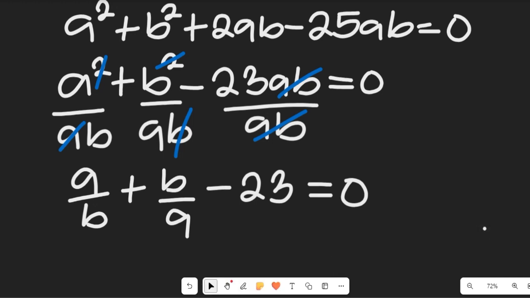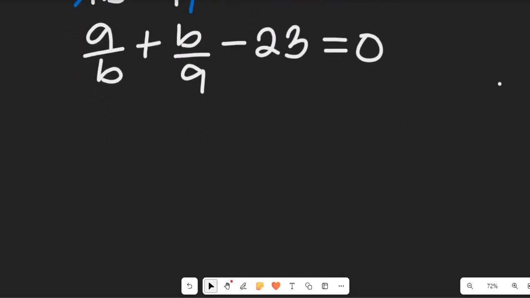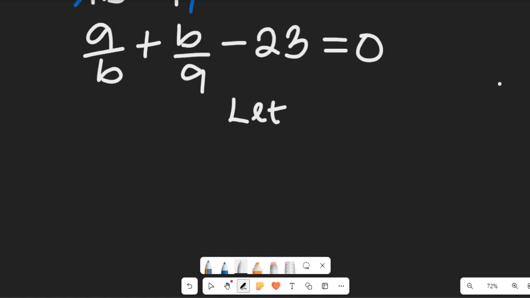Great. Now in the next step, what we are going to do is to bring up some assumption. Let us let the following parameters be equal to this. In this statement, we are going to let a divided by b be equal to m.